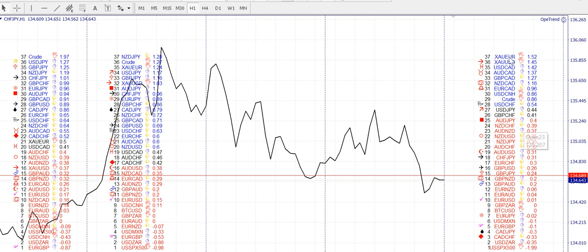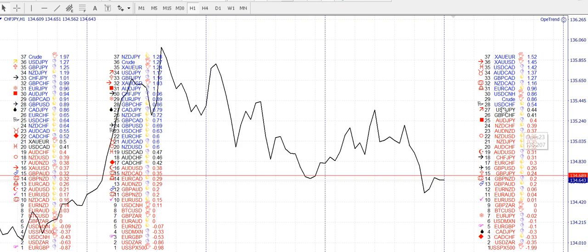As you can see from this place, this is silver, that's XAU Euro, then XAU USD, USD CAD, AUD CAD, and all like that. The next thing to know is that the indicator arranges the pairs according to their strength, in descending order, which means from the strongest to the weakest.